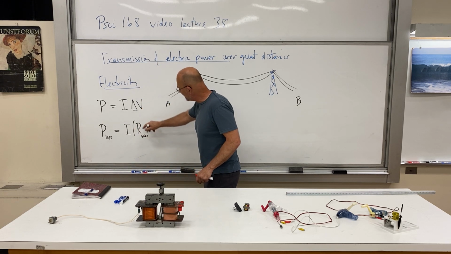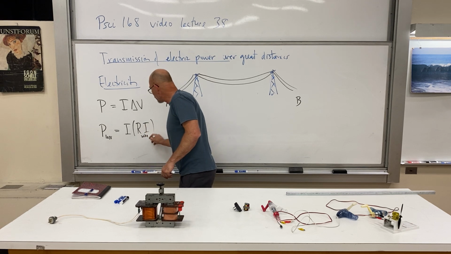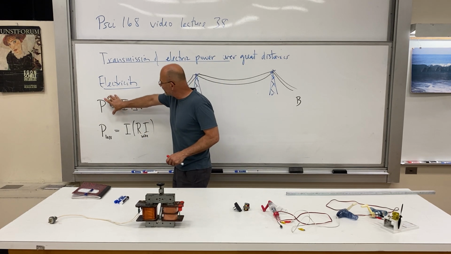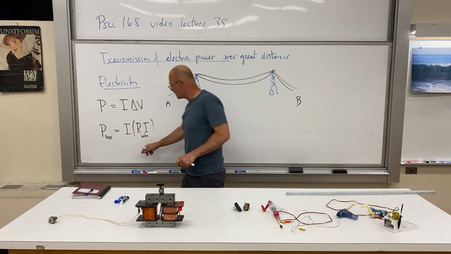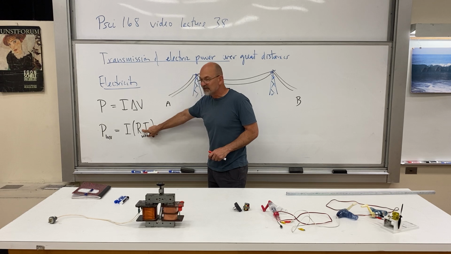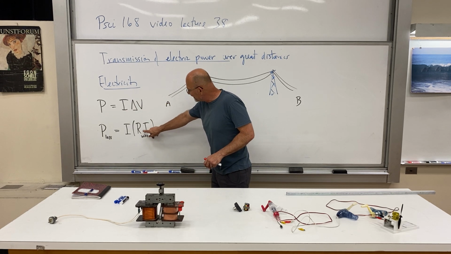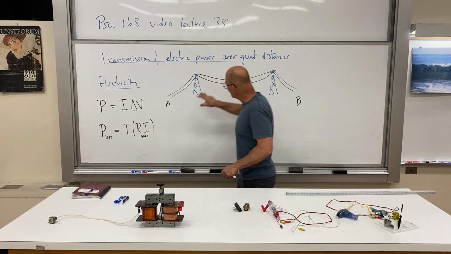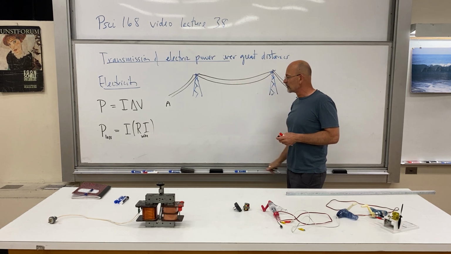Okay, remember delta V is equal to R times I. That was Ohm's law. Okay, so I plugged in Ohm's law. So this is the transmitted power, but this is not the same as the transmitted power. The loss, I'm referring to the resistance of the wire. So I'm supposing I've got this good current, but I've got resistance in the wire. So this power loss is the amount of heat that's being produced in the wire per unit time.